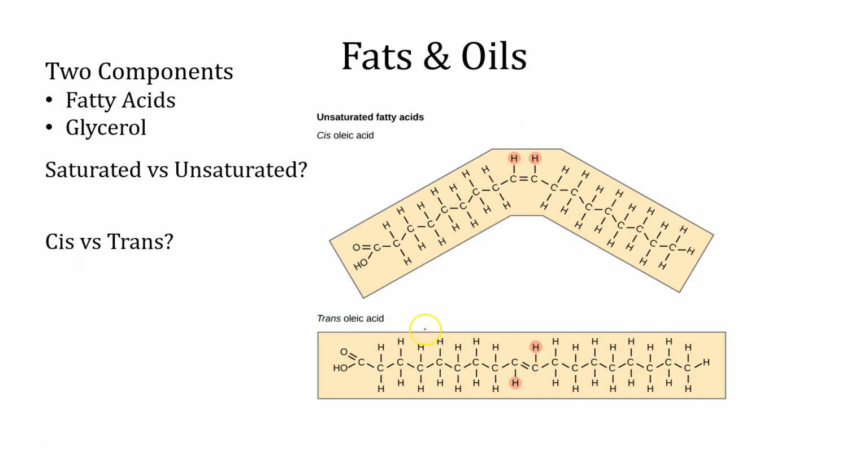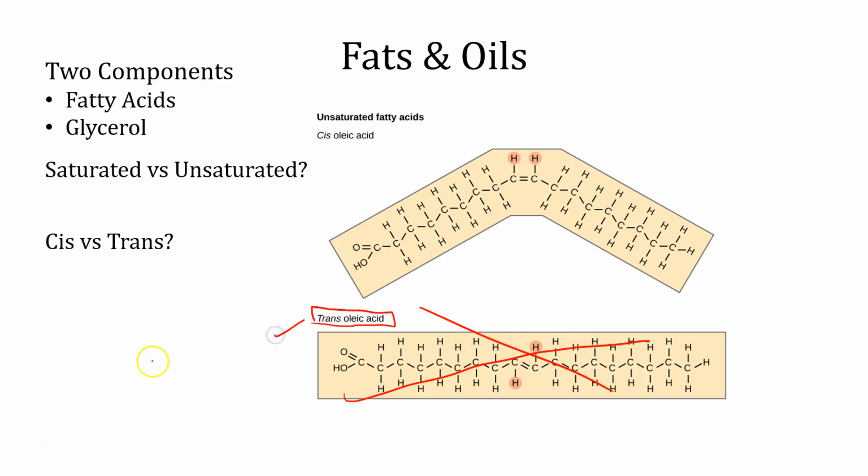Unfortunately, for whatever reason, it's been suggested that trans fats lead to a higher concentration of a form of cholesterol, which is bad for you. It can lead to plaque formation on arteries and even heart attack. So these trans fats took a bad rap in recent years, and people are making strides to avoid using them.